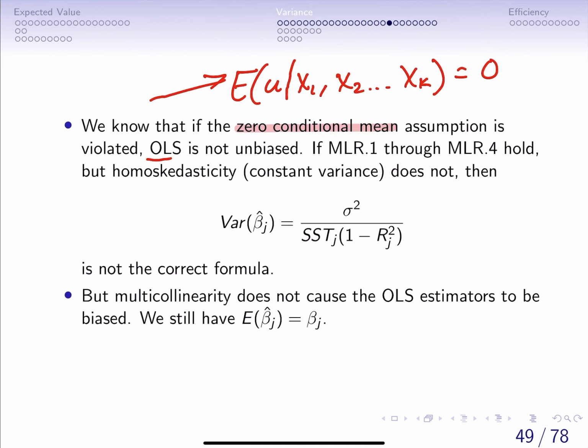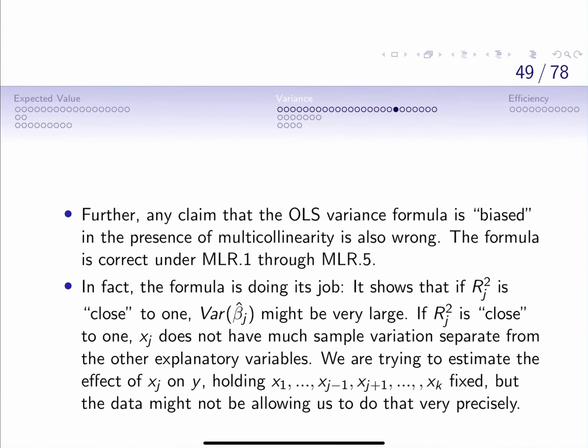Now, remember that even if we have multicollinearity, if our x's are highly related, this does not cause the OLS estimators to be biased. Okay, so we will still have the theorem of unbiasedness hold.